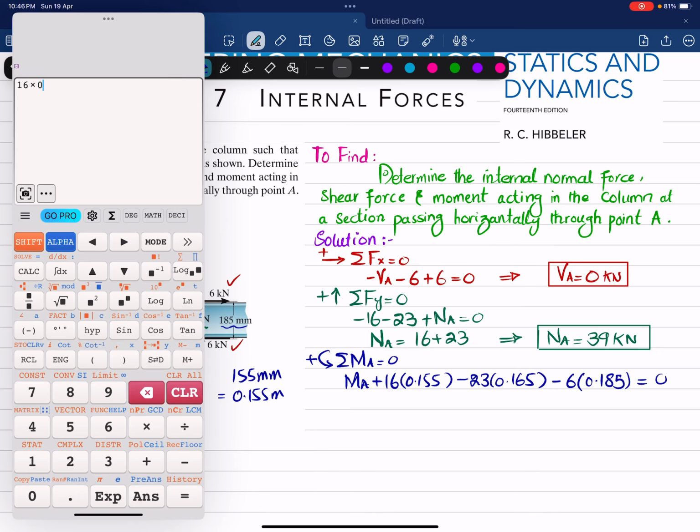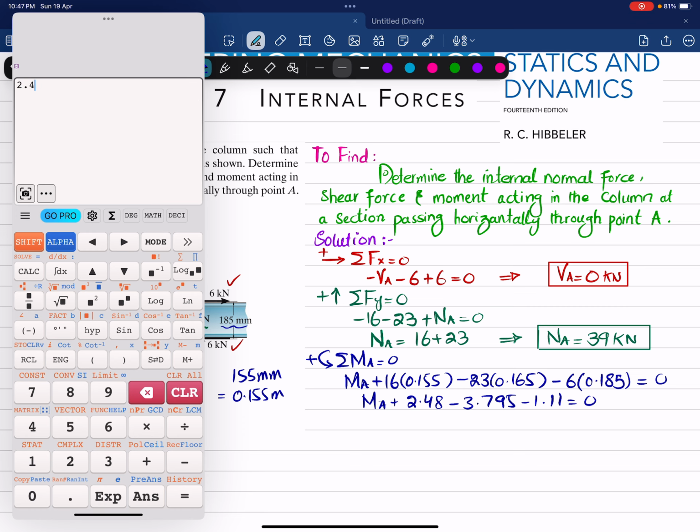16 multiplied by 0.155 is 2.48, minus 23 multiplied by 0.165, which is minus 3.795, and minus 6 multiplied by 0.185 is minus 1.11, equal to 0.